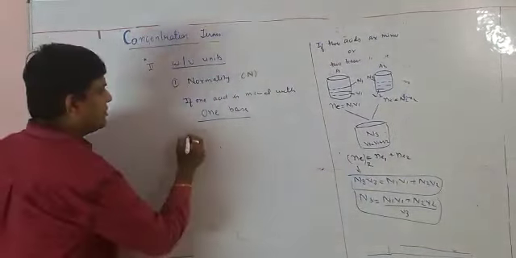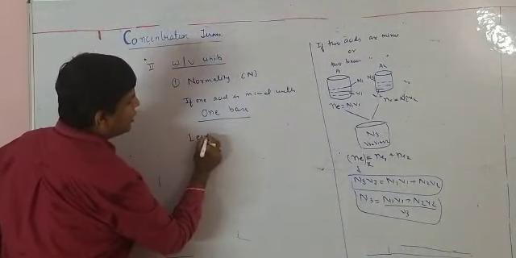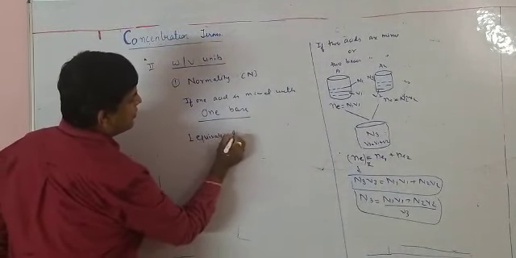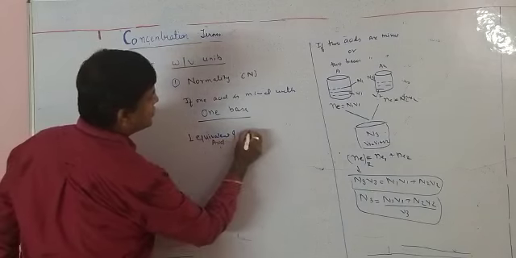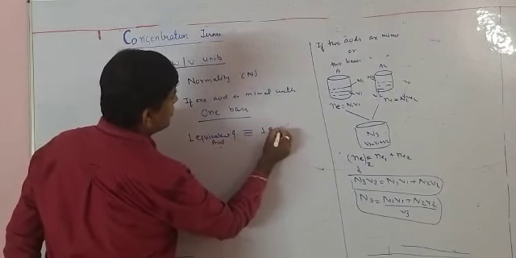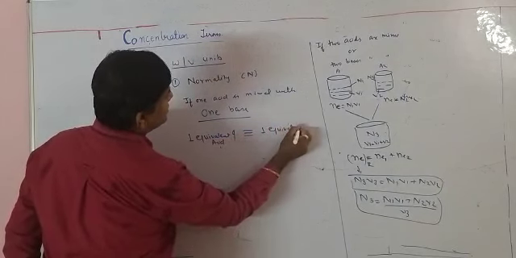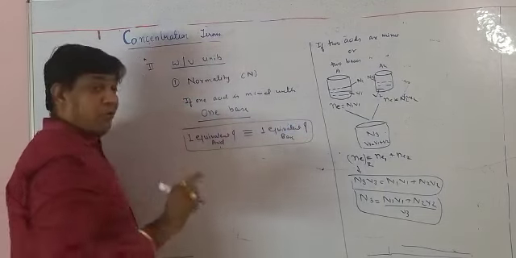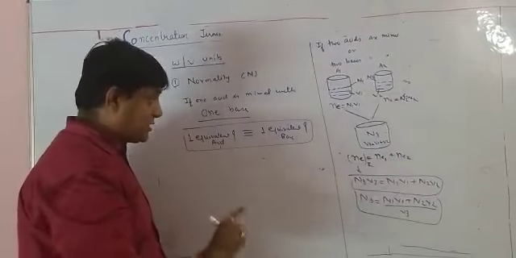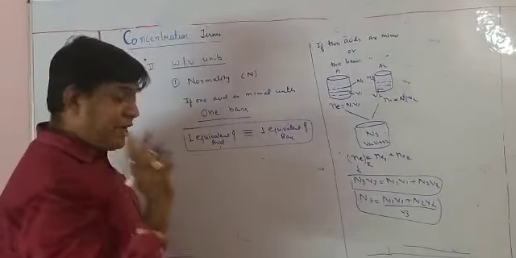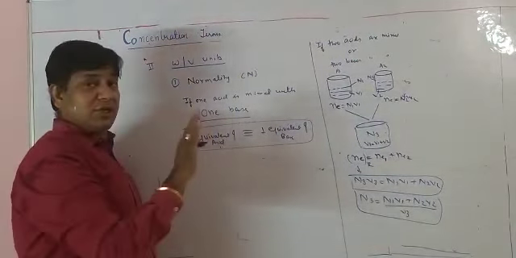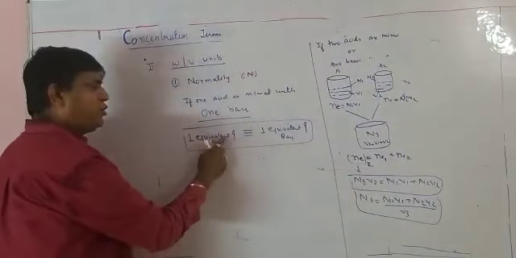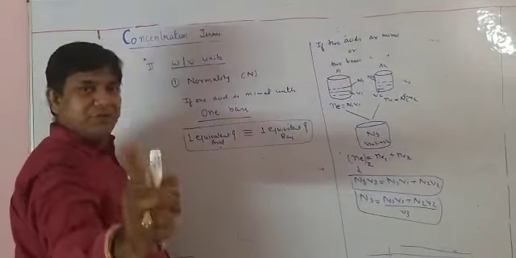The concept is one equivalent of acid neutralizes one equivalent of base. I am not saying 1 gram of acid neutralizes 1 gram of base. No. 1 liter of acid neutralizes 1 liter of base. No. Remember, 1 equivalent of acid neutralizes 1 equivalent of base.